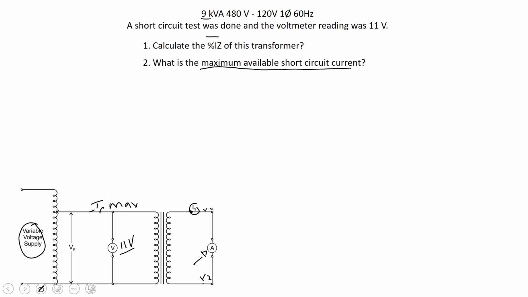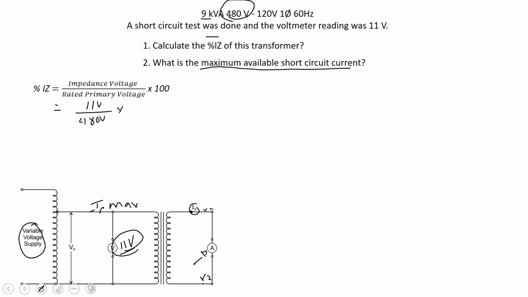So let's start with number one, calculate the percent IZ, and we have this formula. If we know our impedance voltage and our rated primary voltage, we can calculate the percent impedance of this transformer. In this case, it's 11 volts divided by 480 volts, times 100, and that works out to roughly 2.29%.